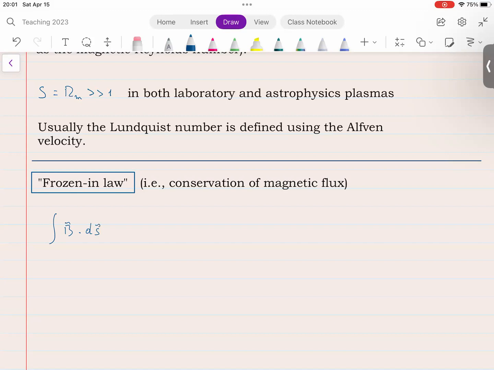That's the flux of the magnetic field across that surface.